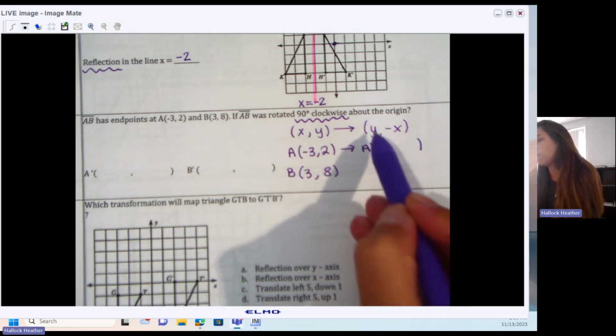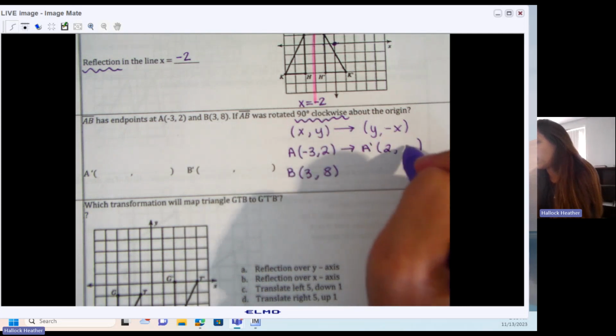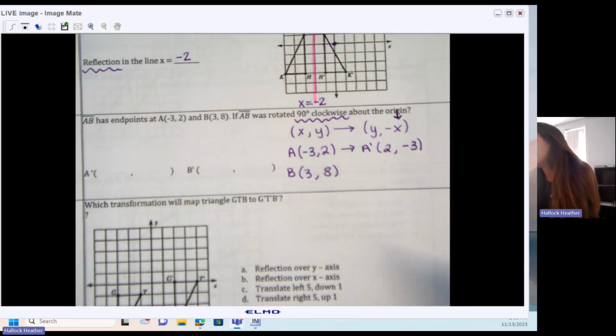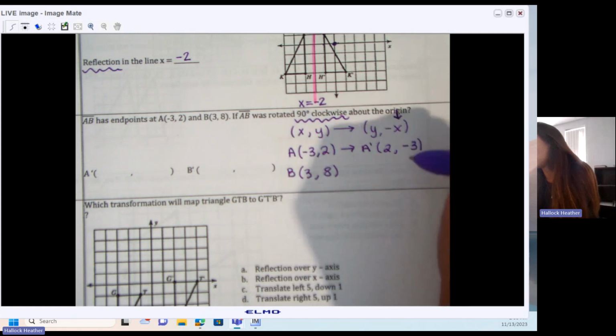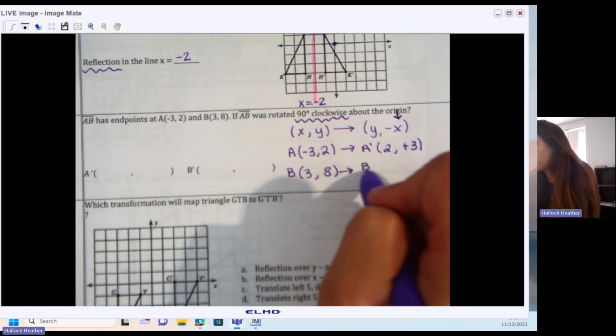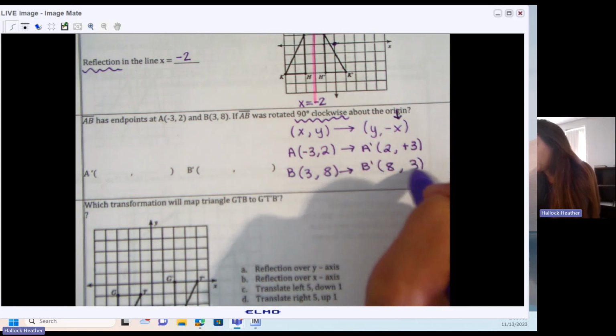First thing I'm going to do is flip the coordinate, so I'm going to flip it to make (2, -3). And then the sign in the back must change. The sign in the back was negative, so now it is positive. B prime, same thing. I'm going to flip it to start, so just flip the coordinate: (8, 3).